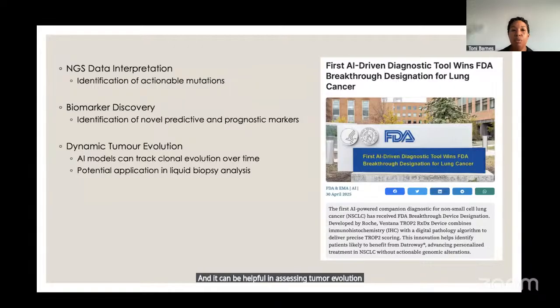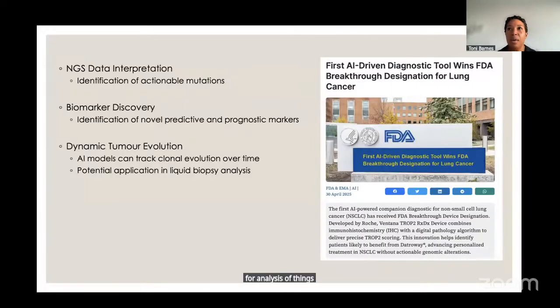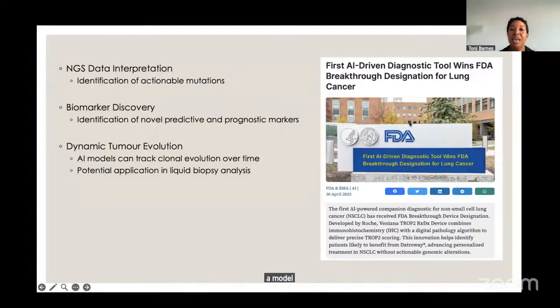AI models can now track clonal evolution of disease over time, and this has significant potential application for analysis of things like liquid biopsy, where instead of having to do a physical tissue biopsy, you can assay the patient's blood. And now the FDA has actually approved for the first time a model where they're using AI-driven diagnostic tools to decide on the treatments of lung cancer.